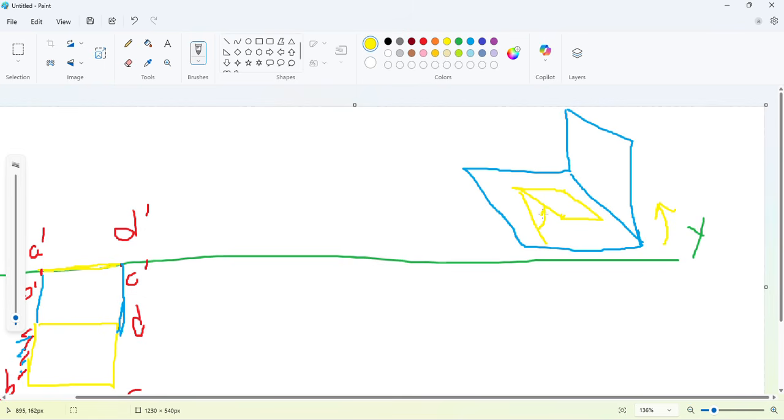So this is the angle, this surface, this one A, B, this one is C and D. So this rectangular surface is now making an angle of 60 degree with the HP.